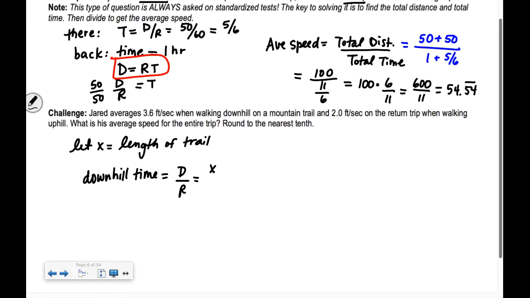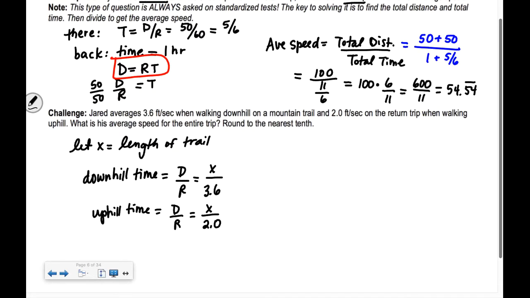He went a distance of x, and he went a rate of 3.6 feet per second. But his uphill time, he's going slower, right? It makes sense that he would go slower. Its distance divided by rate is still the length of the trail, x, and now he's going a little bit slower, 2.0.